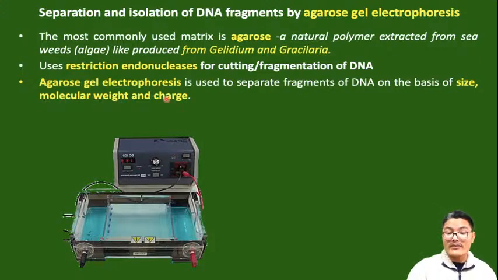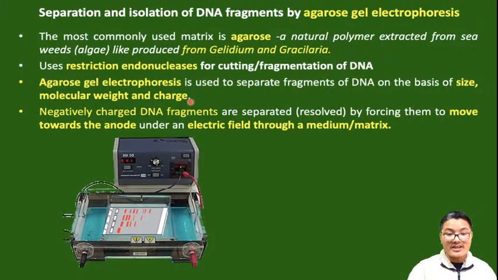And on the basis of charge, DNA is negatively charged, so there is movement of DNA from negative terminal to positive terminal. Negatively charged DNA fragments will be separated, resolved or purified by forcing them to move from cathode to anode, that is negative terminal to positive terminal, with the help of electricity through the gel matrix. So this is what you need to understand so far.